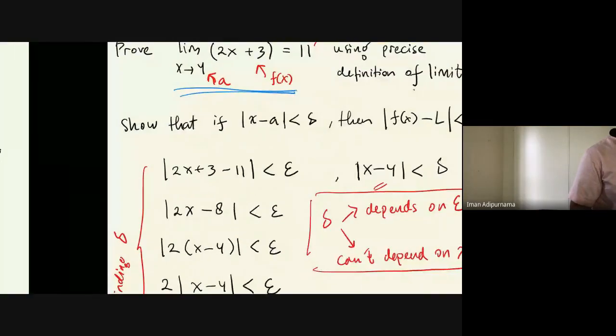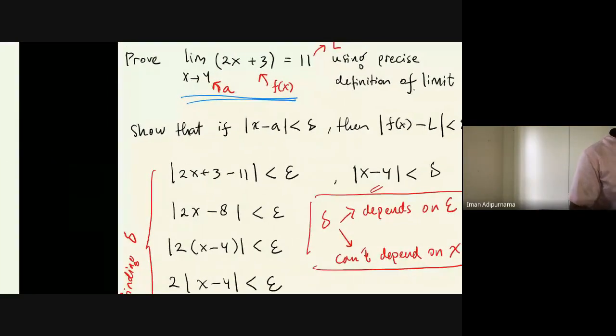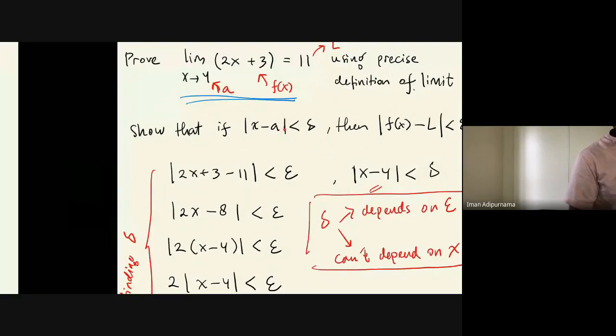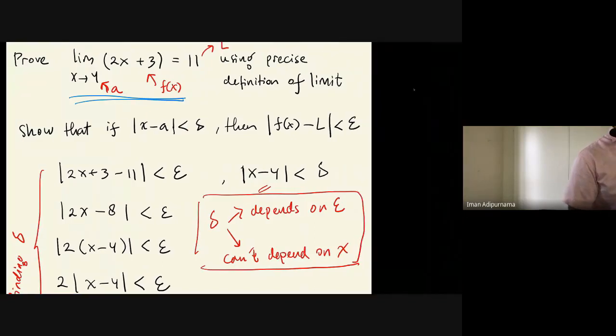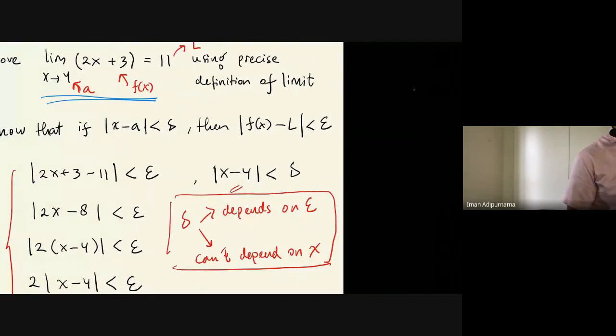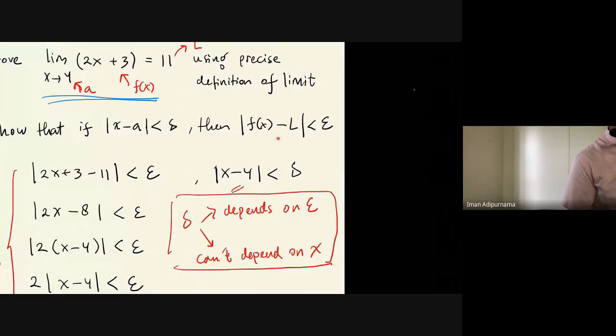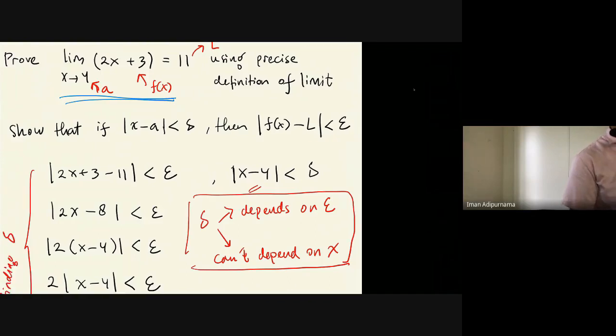So we need to show that if the distance from x to a is less than delta, then f of x minus L, or the distance between the value of the limit and the function, is less than epsilon. So we need to find relations from here and here.